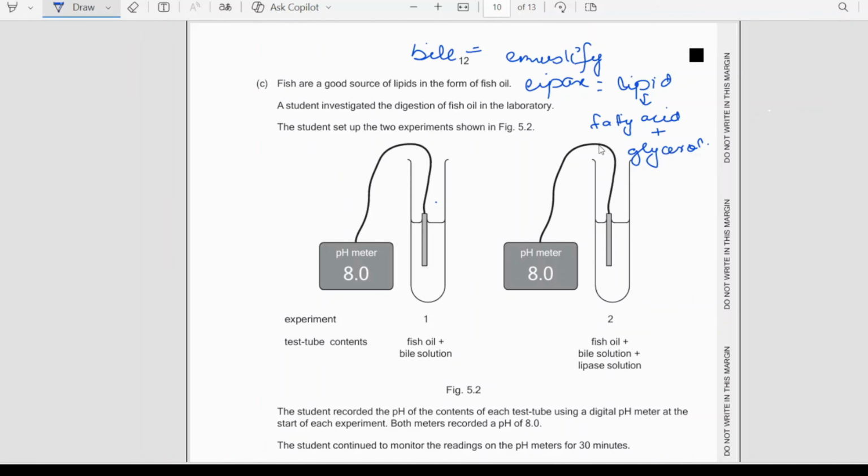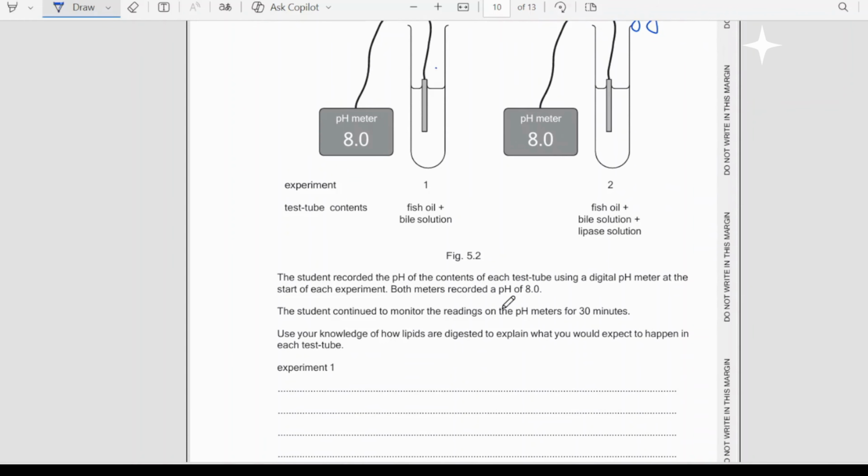Okay, the student recorded the pH of the contents of each test tube using a digital pH meter at the start of the experiment. Both have pH 8. Why 8? Which part of the alimentary canal has a pH of 8?